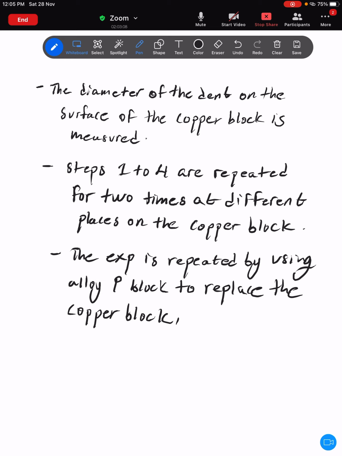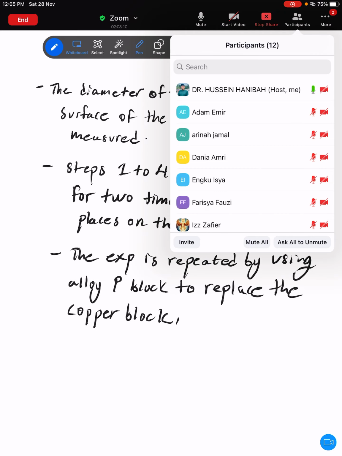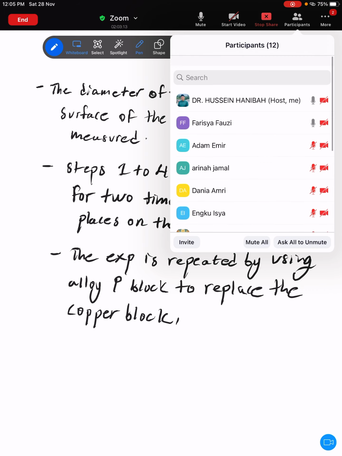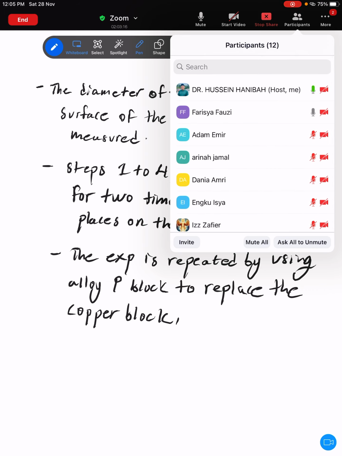Okay. Is everyone done? Ada yang tengah salin ke? Yep, Ryan. Oh, it will carry 3 marks. Diagram 3 marks.